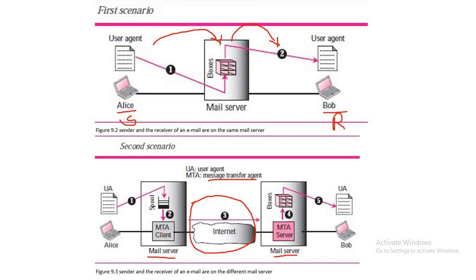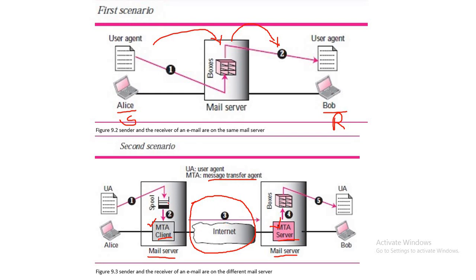Right? There is a mail transfer agent at every mail server. Same thing here. It is the sender side message transfer agent which will work as a client, and on the receiving side there is a message transfer agent which will work as a server. So there is a client server communication.